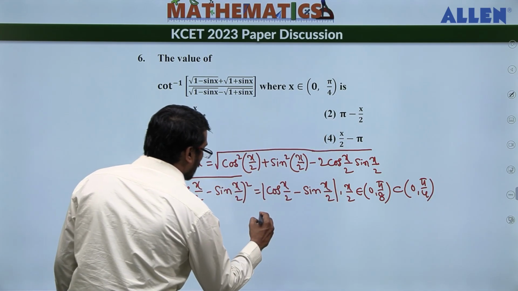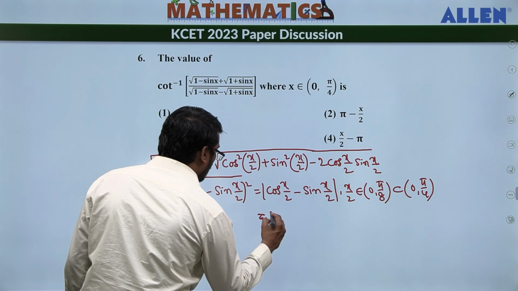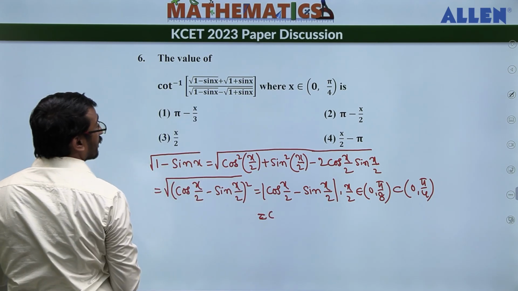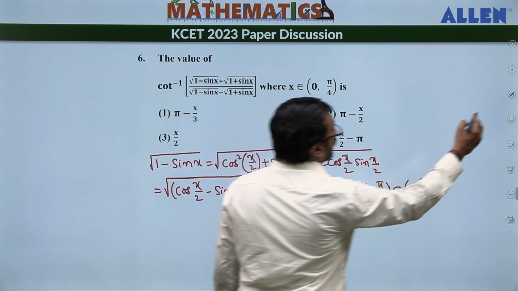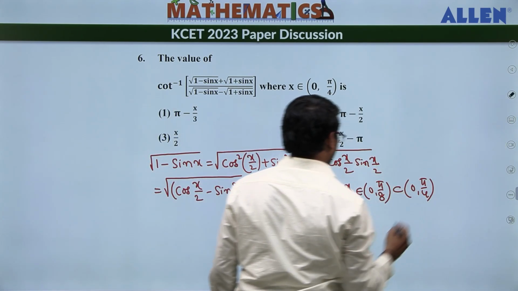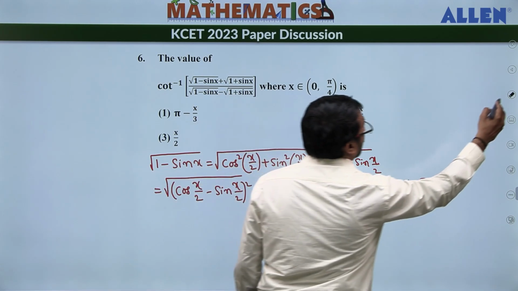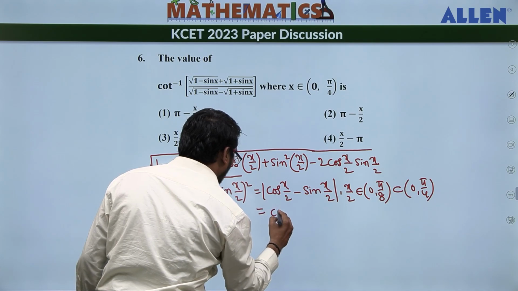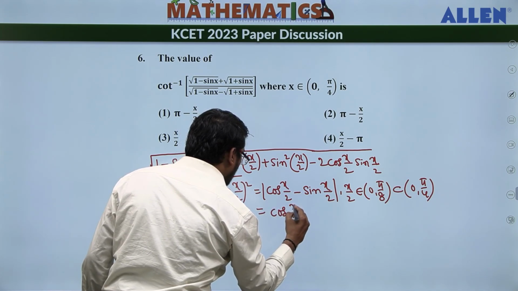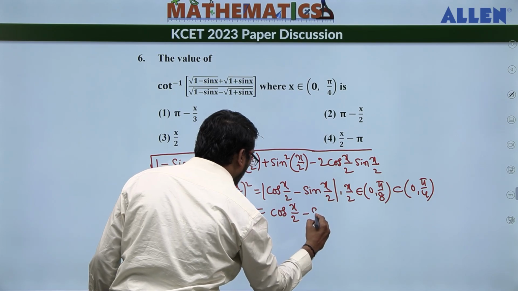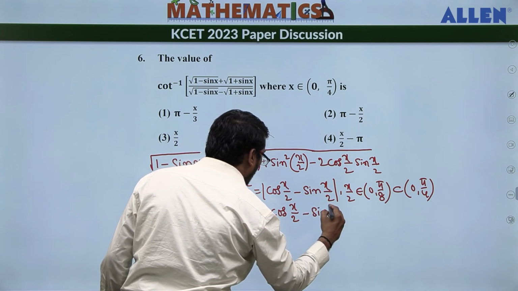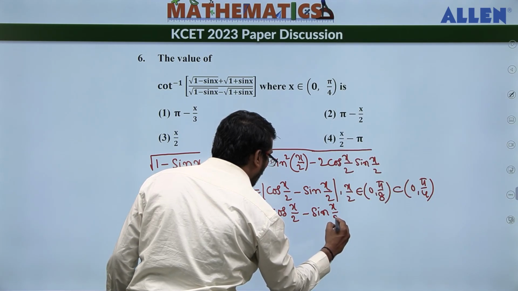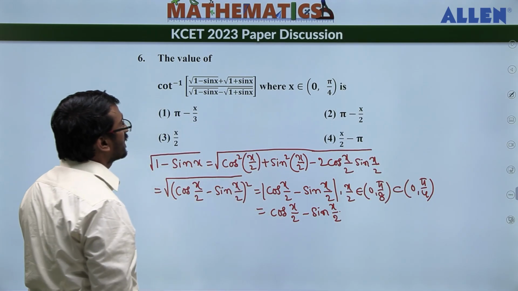Therefore, it becomes cos x by 2 minus sin x by 2.